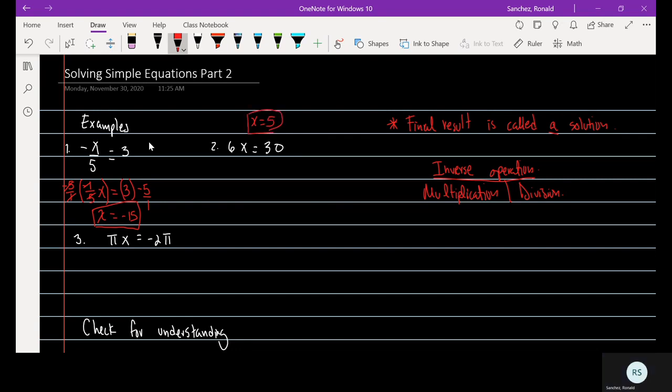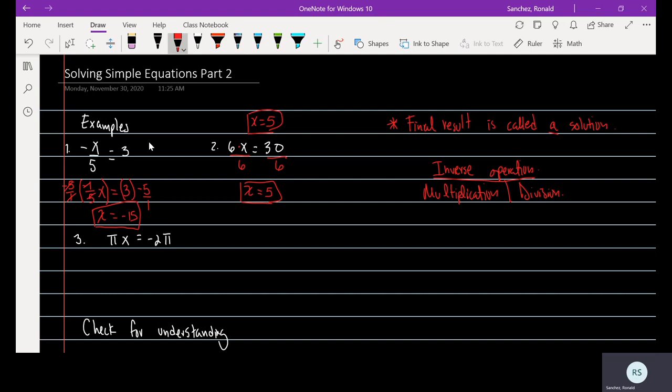If we use inverse operations, we see that 6 and x are multiplying, and the opposite of multiplying by 6 will be dividing by 6. And I'm going to do that here too. So I'm left with x equals 30 divided by 6, which is 5. That one is an easy one to see, so I'm not going to check.